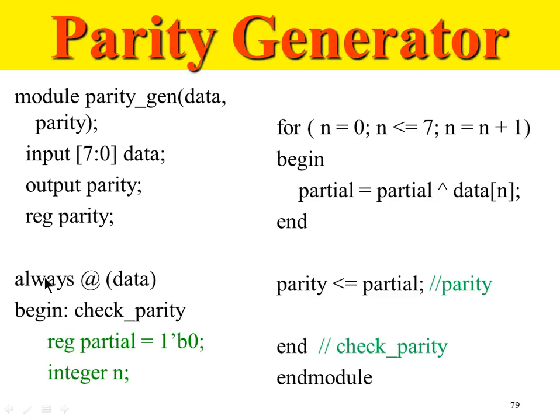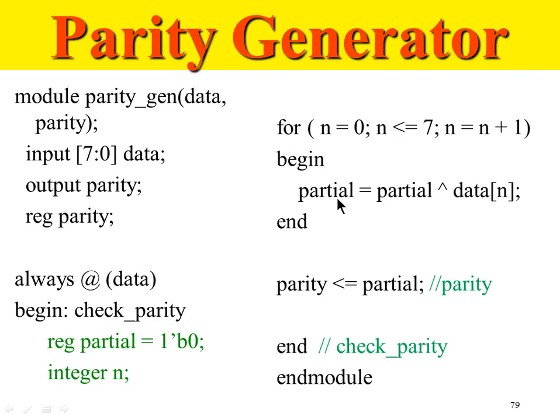So partial is a register inside the always block and it is initialized to zero, a single-bit value. n is an integer also local to this always block. Now this is a simple for loop. For n equal to 0, n less than or equal to 7, n equal to n plus 1. So this for loop will run 8 times, 0 to 7.